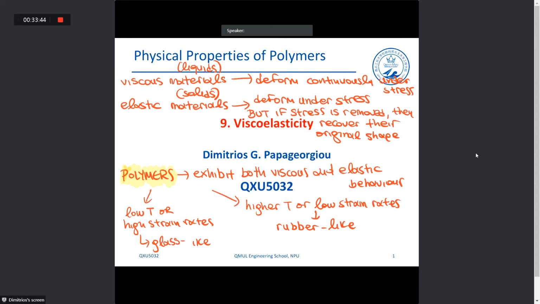However, we don't always have high temperatures or very low strain rates or very low temperatures and very high strain rates. What usually takes place is that we have intermediate strain rates or temperatures. And that leads to a viscoelastic behavior, which we will be examining.